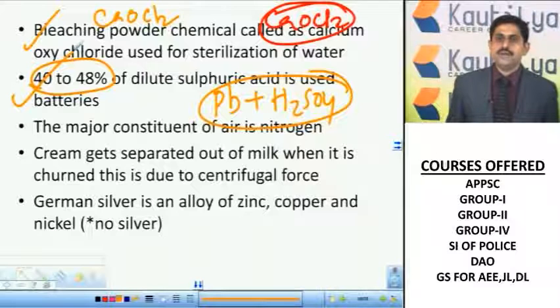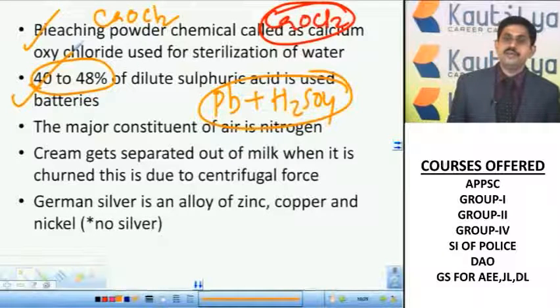So while charging, electrical energy is converted to chemical energy and stored. Once you remove the electrical supply, the stored chemical energy is converted to electrical energy. The same thing happens in mobile batteries.